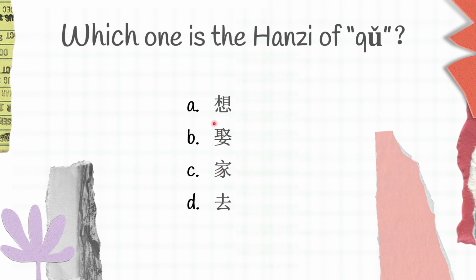B is 取 from 娶我吧, and jia is from 家庭. And the right answer for this question is B.